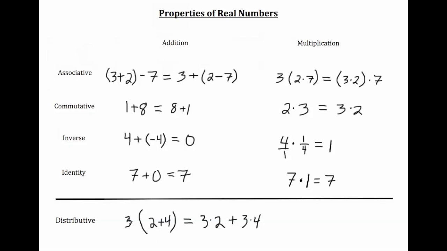So we just take this number and multiply it to the first number in parentheses and then add it to the product of it and the second number in the parentheses. So this would give us 6 and then plus 12, which is the same thing as 18. Well, 3 times 6 is also 18. So we know this to be true as well.